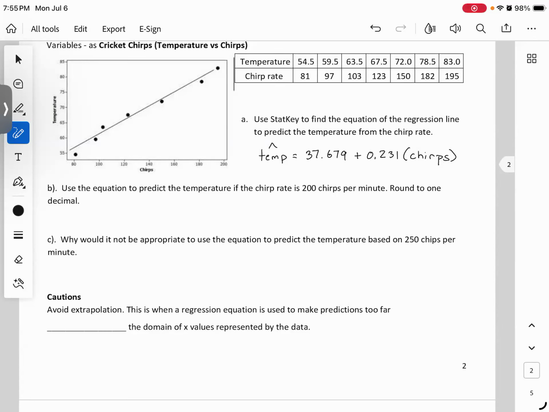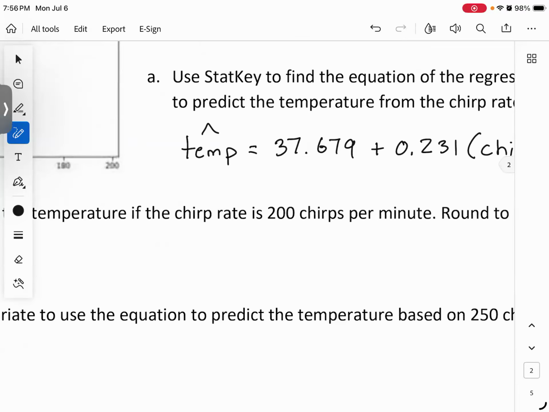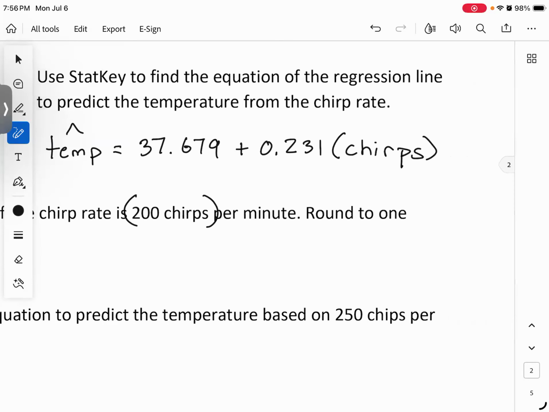Now, we haven't done this yet, but you can use the equation by plugging in an amount of chirps, like how fast crickets are chirping, and use it as a way to predict the temperature. So what if the crickets were chirping at 200 chirps per minute? Well, right there, boom. That's where you're going to plug in your 200.